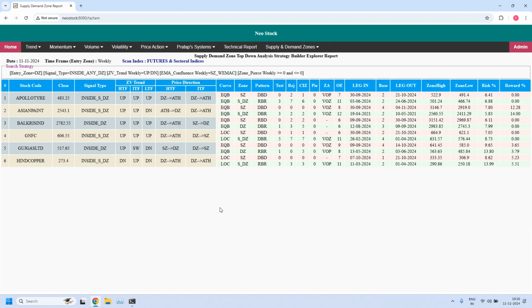So only 6 stocks are having EMA Confluence with the trend either up or down. Downtrend you can use bearish trade setups, uptrend you can use counter trend trade setups. See how we are filtering the stocks, that is very important.